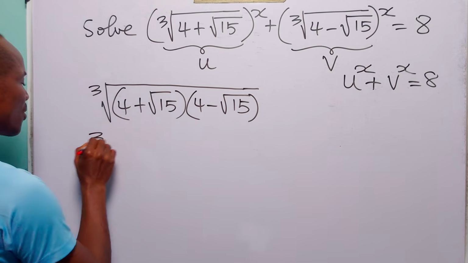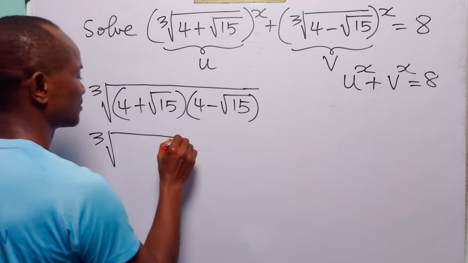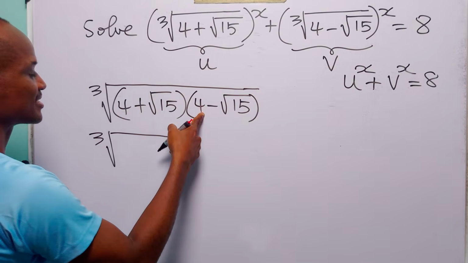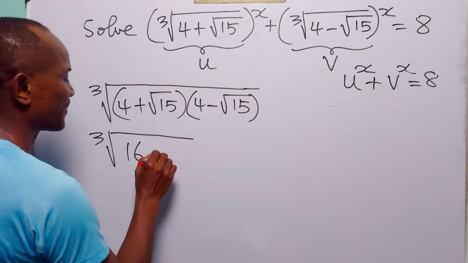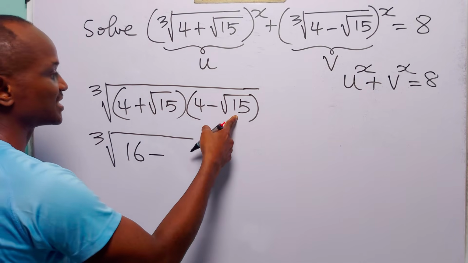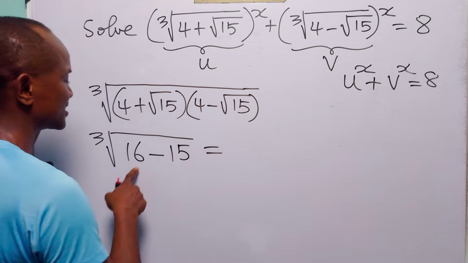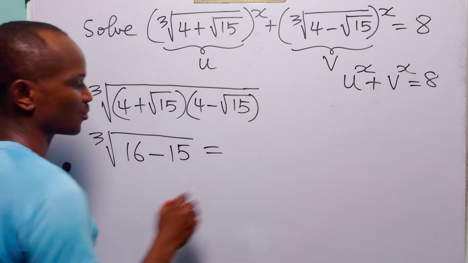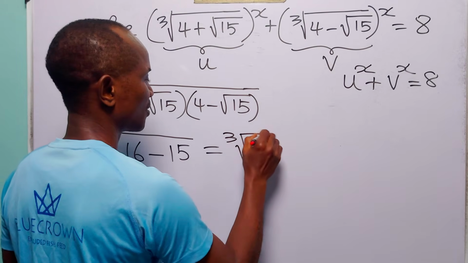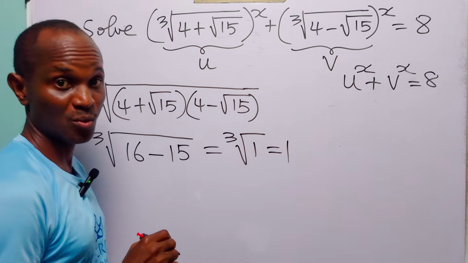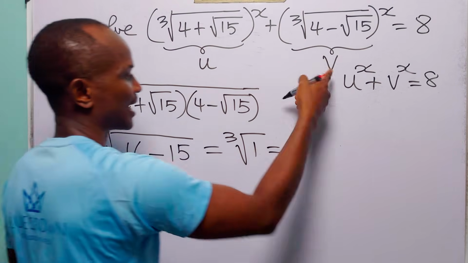So this is equal to the cube root of 4 squared, which is 16, minus root 15 squared, which is 15. Now 16 minus 15 is equal to 1, and the cube root of 1 is equal to 1. So we have that u times v is equal to 1.